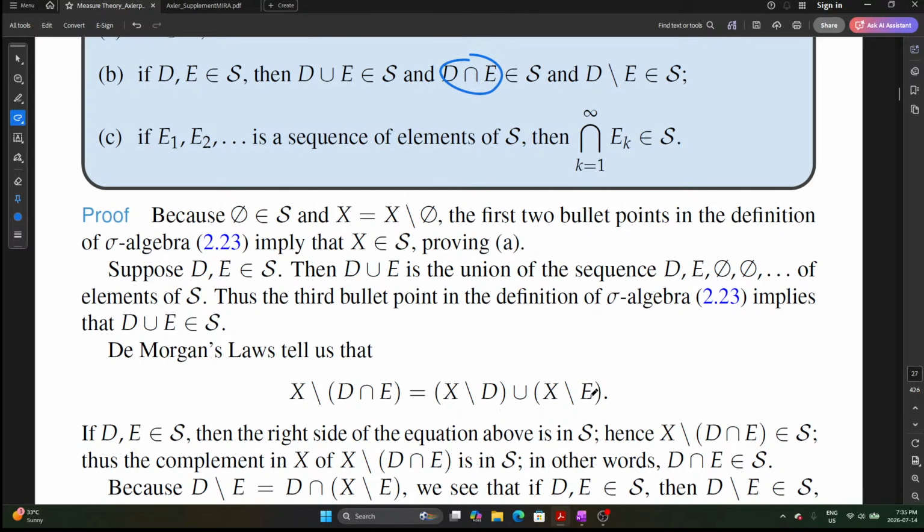Often in elementary courses on set theory, or even logic, we write it this way: D intersect E, taking the complement, we use almost like a complex conjugate notation, equals D complement union E complement. There's a saying called break the line, change the sign, which refers to this particular notation. Break the line, change the sign. That's De Morgan's law.